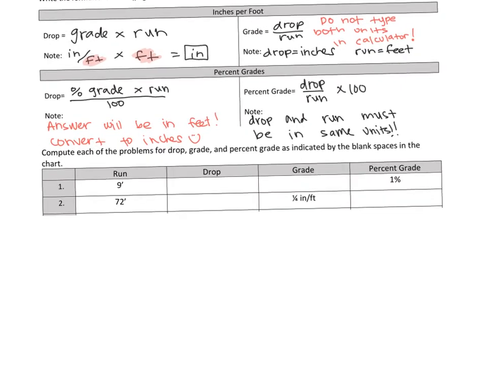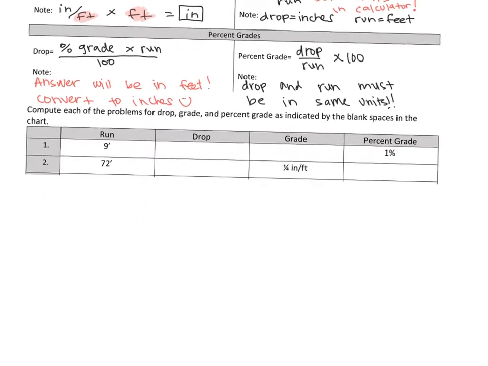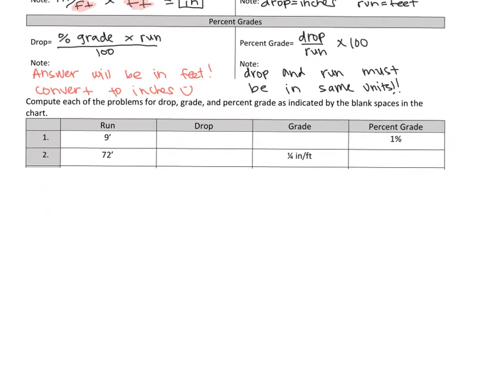Okay, let's go ahead and do number 1 and number 2 together. So number 1, they tell us that the run is 9 feet and the percent grade is 1%. We need to find the drop and the grade. So to find the drop, I have 2 formulas to choose from. I'm going to choose the one that uses percent grade because that's what I know.